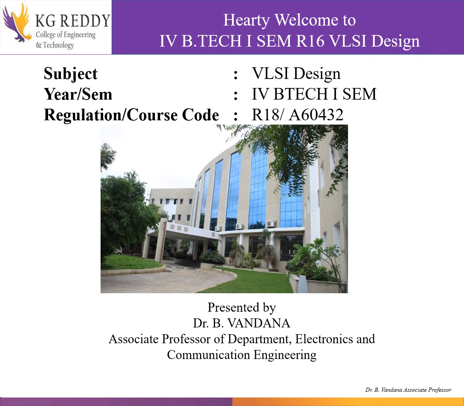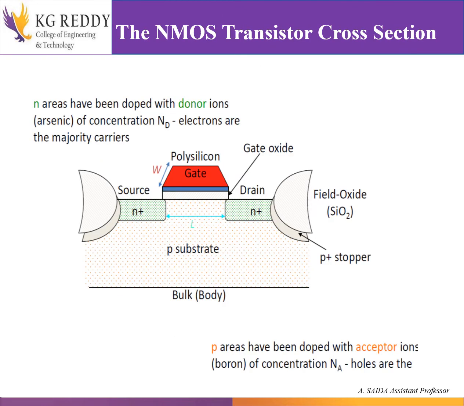Before that, as we have already studied the MOS structure, what it consists of, the device structure like a gate, the metal gate or a polysilicon gate, the oxide layer as well as the substrate, forming a metal oxide semiconductor.